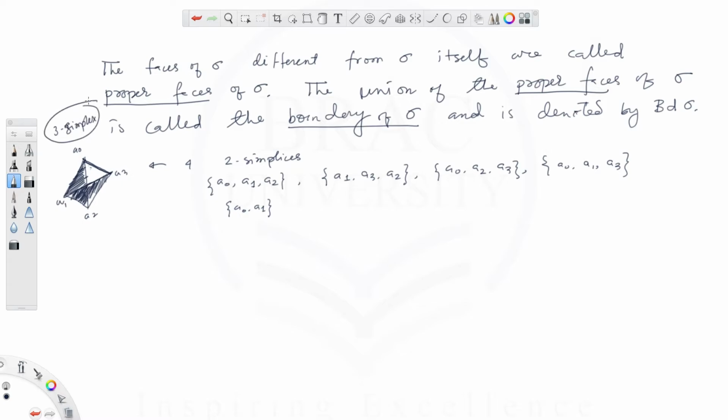Then A1, A2, then A0, A2, then A1, A3, this is a new one, then A2, A3, and then A0, A3, which is also a new one.